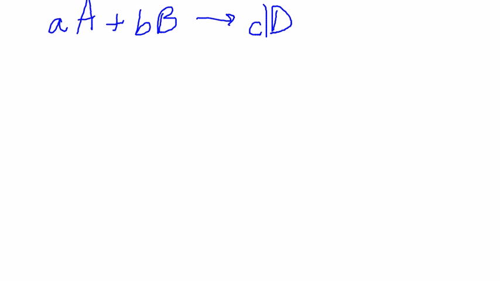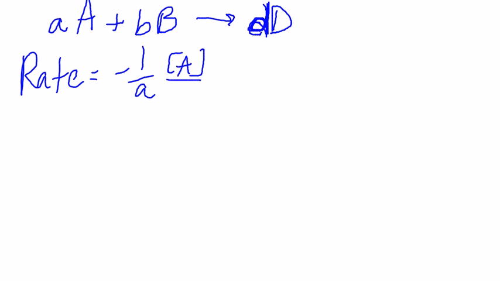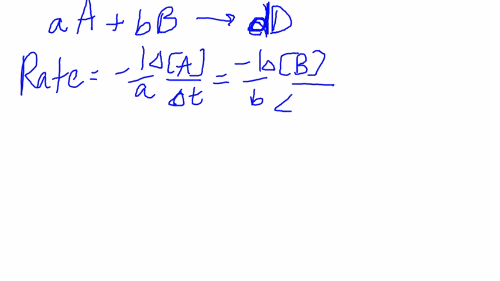If we write lowercase letters in front of them that refer to the coefficients in the balanced chemical reaction, any rate expression could be written minus 1 over lowercase a times the change in A's concentration over the change in time. That's also equal to minus 1 over lowercase b times the change of B's concentration, oops, there should be a little delta in there, over the change in time. And that would be equal to 1 over lowercase d times the positive change in D's concentration over time.